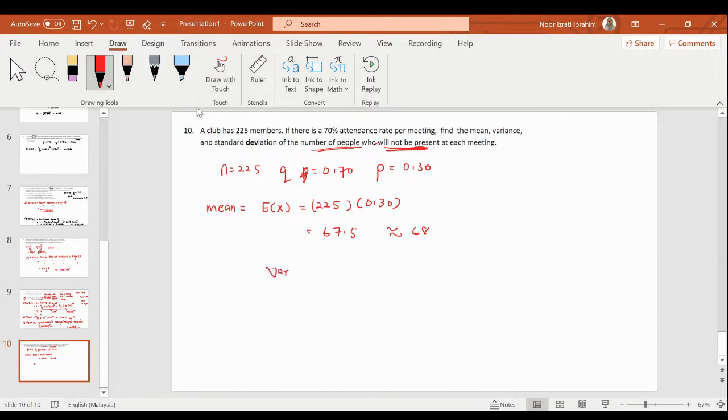Okay, variance of X for this one, binomial, is NPQ, and it will be 225 multiplied with 0.7 multiplied with 0.3, then you will get 47.25. And to find the standard deviation, it will be the square root of 47.25. Then it will be 6.874.